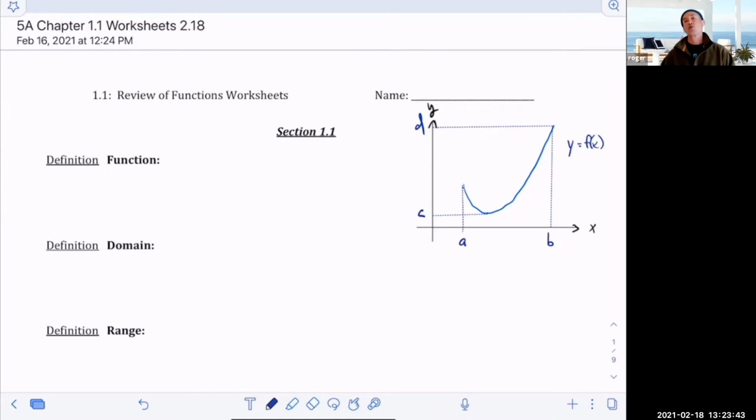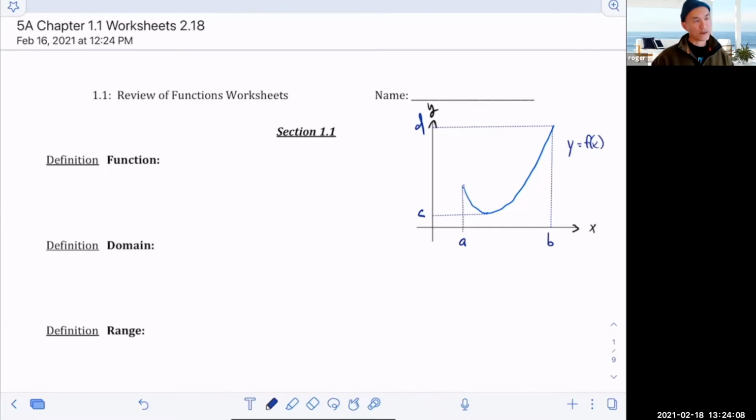So we're going to do sections 1.1, 1.2, and 1.3. And this should be review for you. But just because it's review doesn't mean that it's not important, because basically we perform calculus on functions. So we really want to learn functions in a very systematic way.